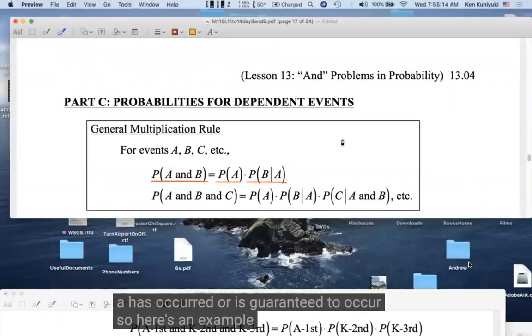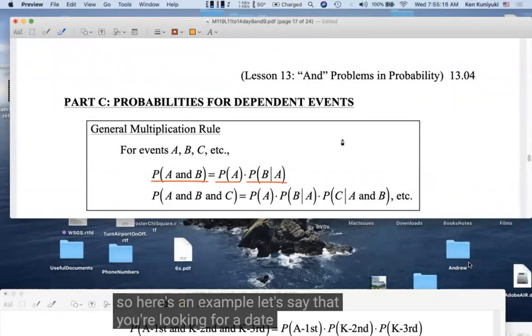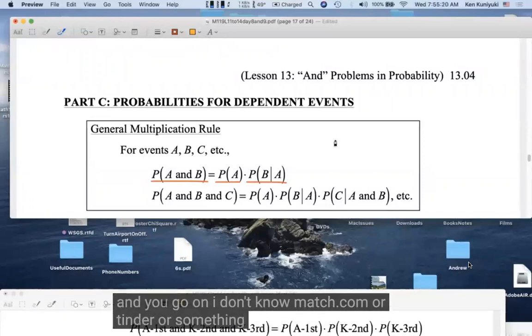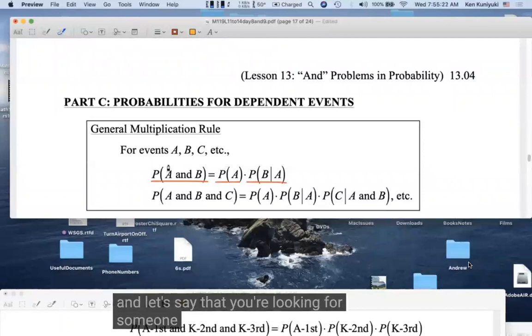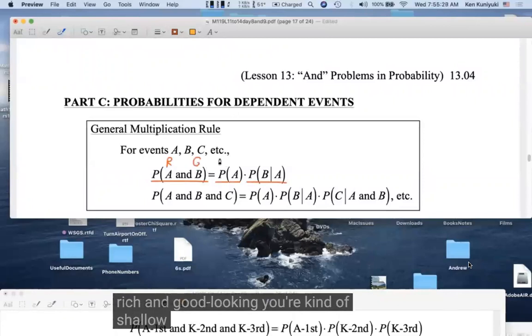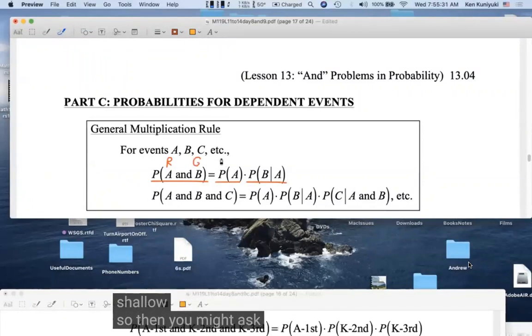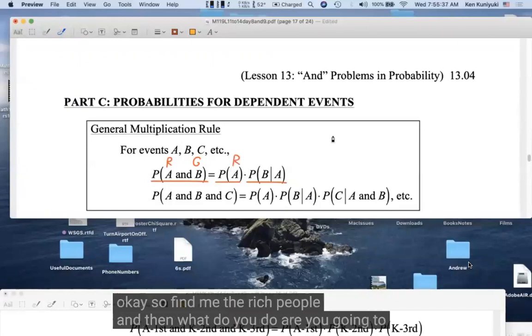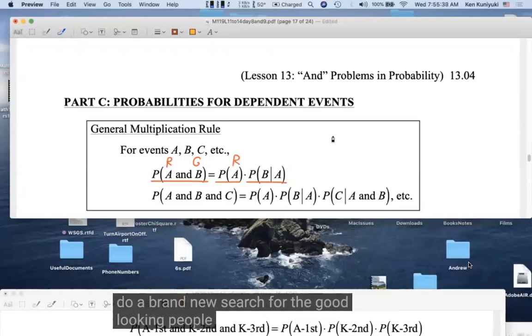So here's an example. Let's say that you're looking for a date and you go on, I don't know, Match.com or Tinder or something. And let's say that you're looking for someone who is rich and good looking. You're kind of shallow. So then you might ask the dating site, okay, find me the rich people. And then are you going to do a brand new search for the good looking people?